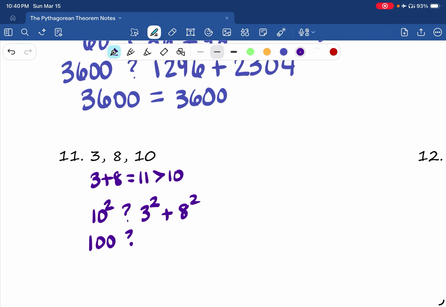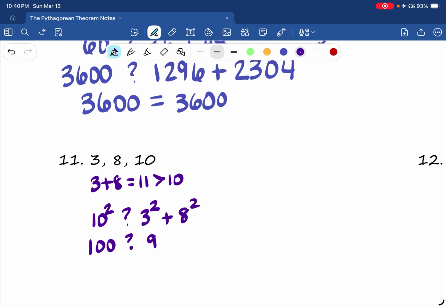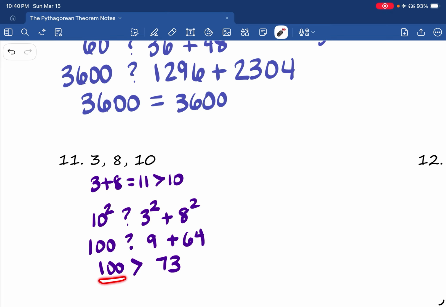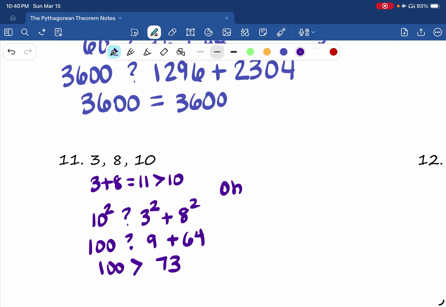That's going to be something to 9 plus 64. Now, when you add 9 and 64 together, y'all, is that going to be bigger than 100? No, it's not. So we get, what, 73? So 100 is actually bigger than 73. So since c squared is bigger than a squared plus b squared, then we have an obtuse triangle. So this one would be obtuse.